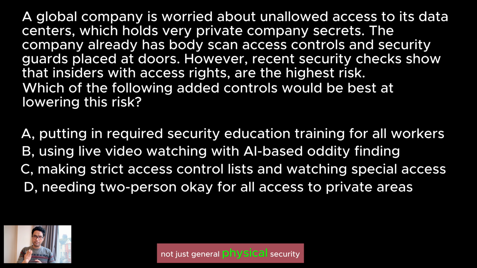Now, with that in mind, let us take out some answers. Security education training is helpful, but it is a rule control that may not be the best pick for directly lowering the risk. The company has already used rule controls and needs a layered defense strategy, not more repetitive controls.